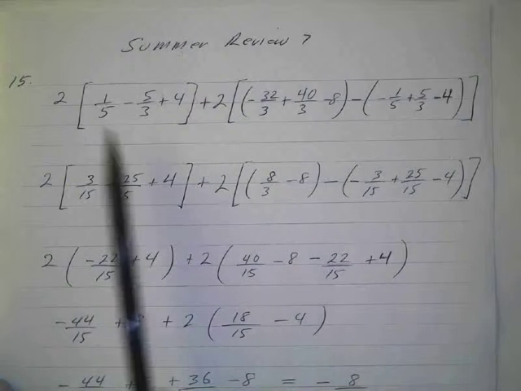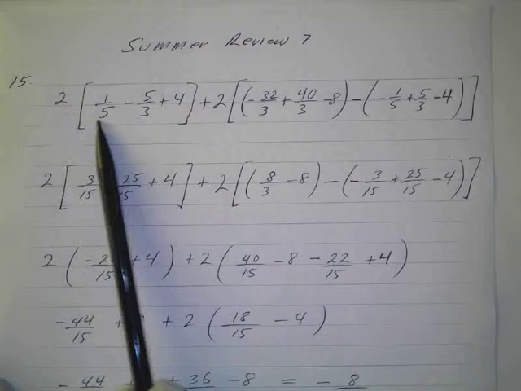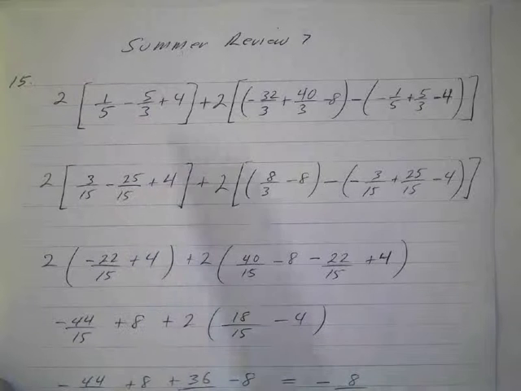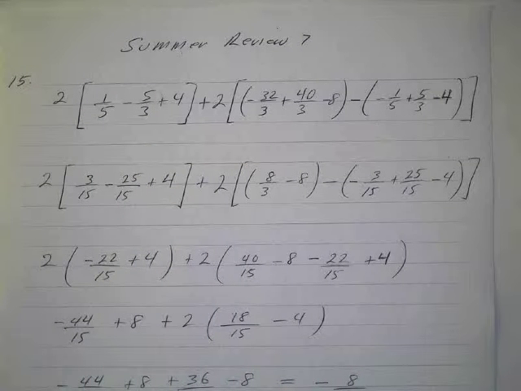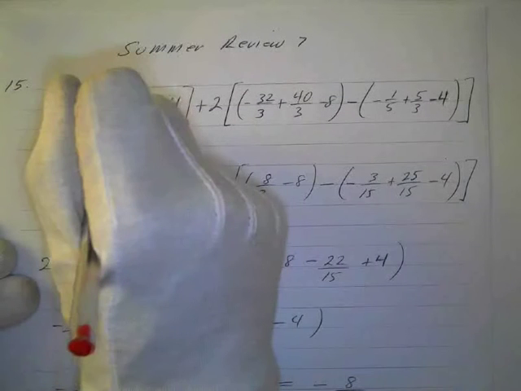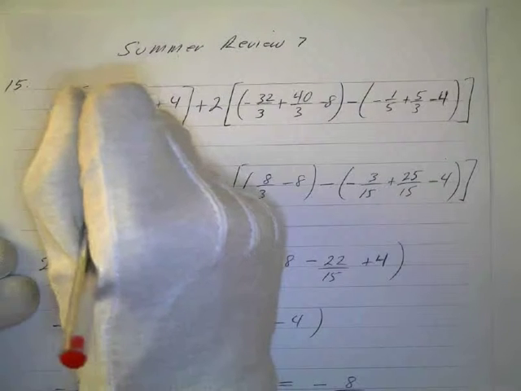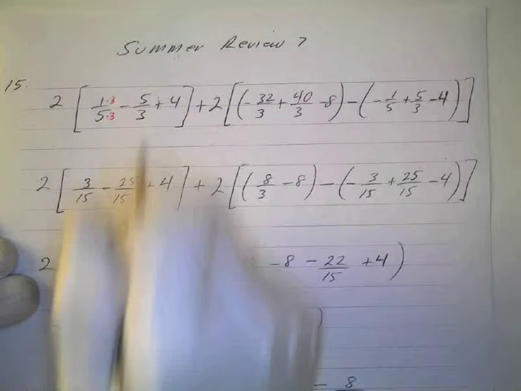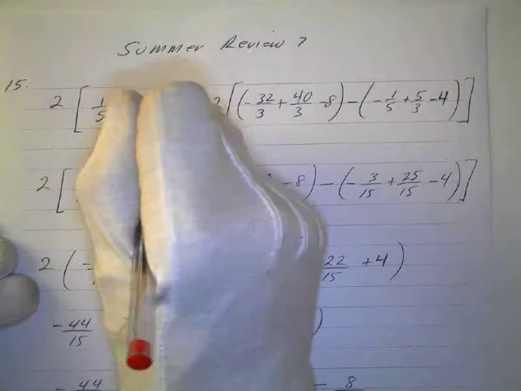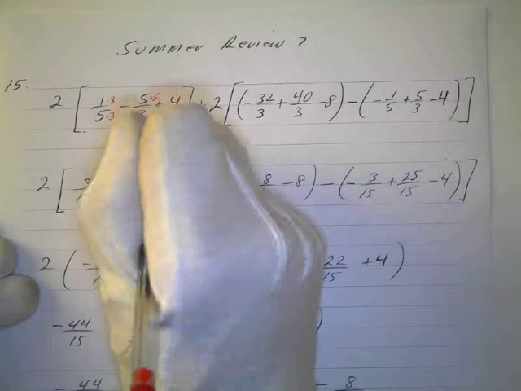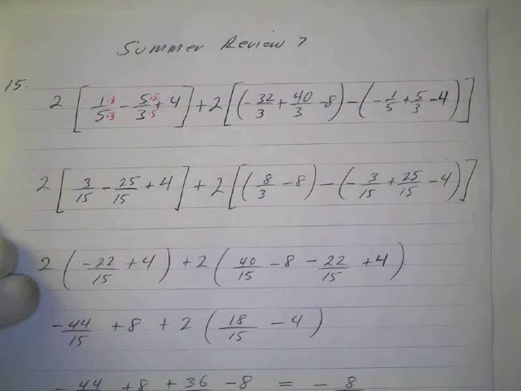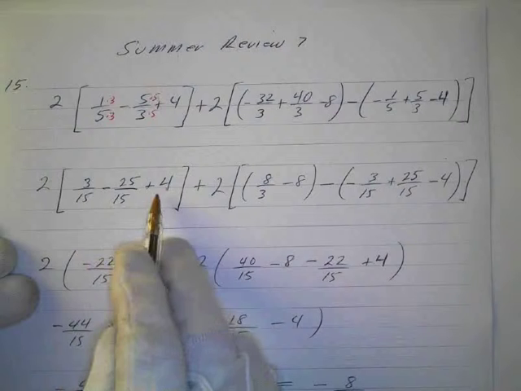So what I did was, I knew that I had a common denominator here of 15. So I just multiplied the top and the bottom here, I'll just indicate that by 3. So I had 3 over 15, and I multiplied the top and the bottom here by 5, and then I have 25 over 15 plus 4.